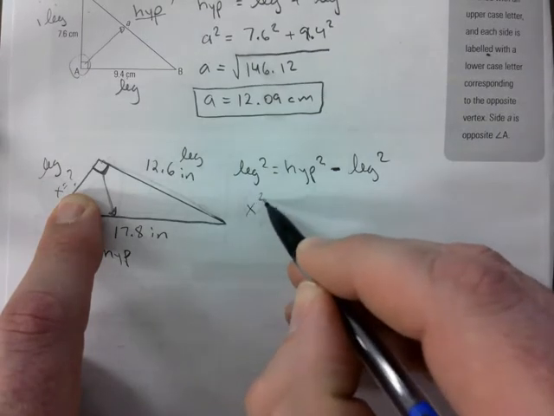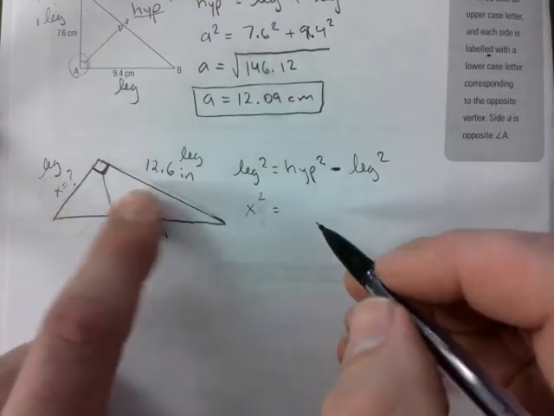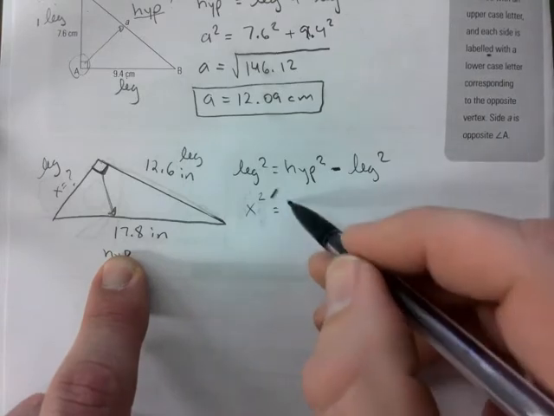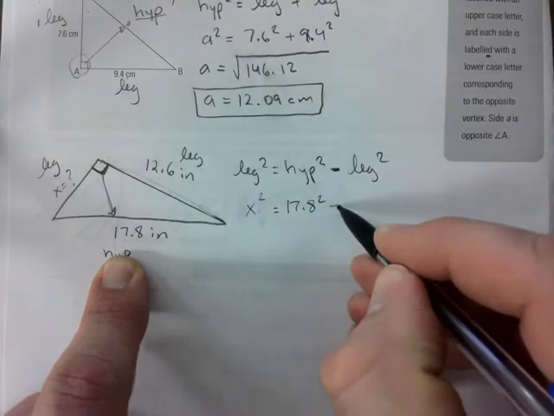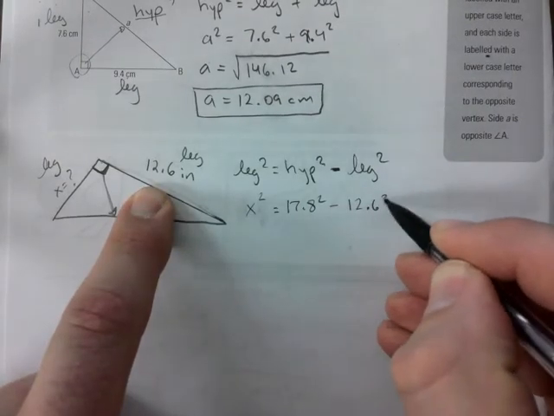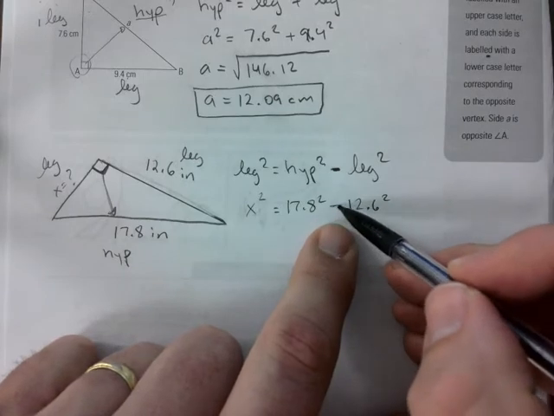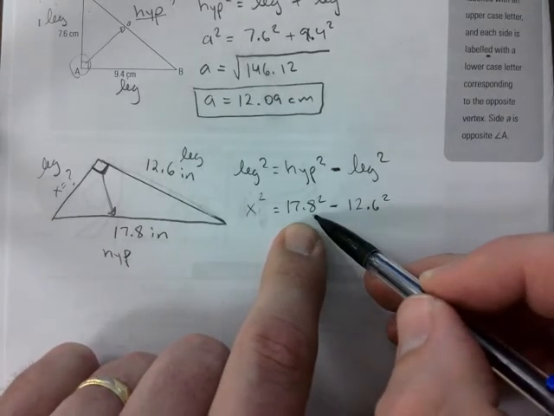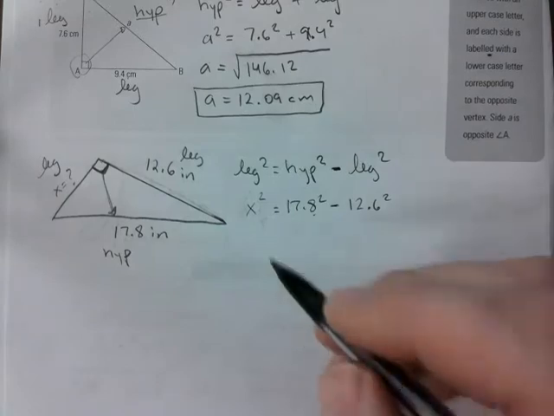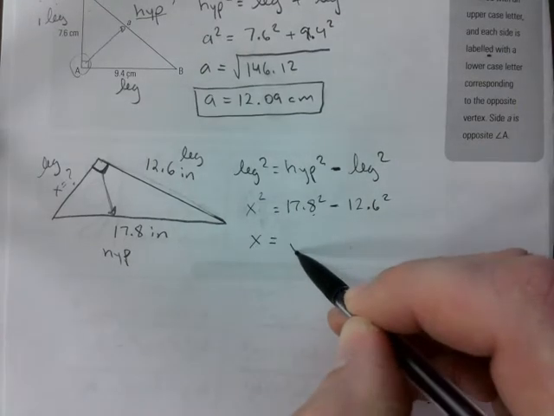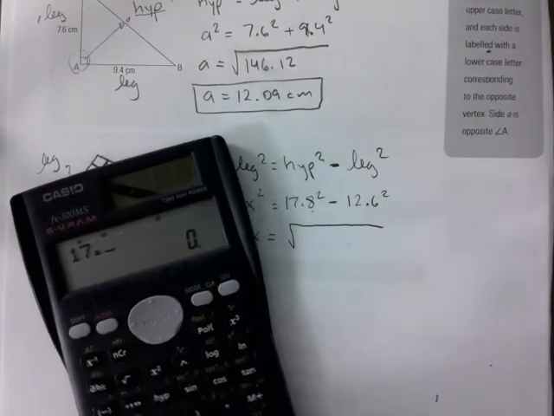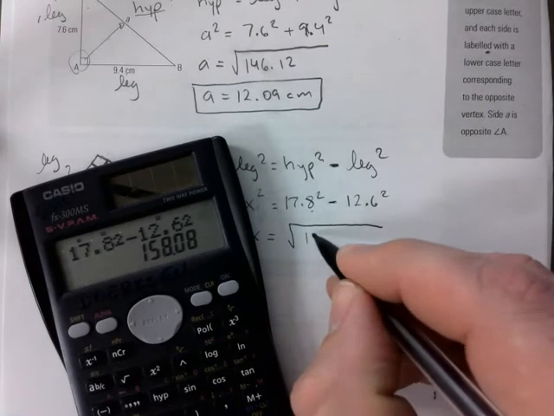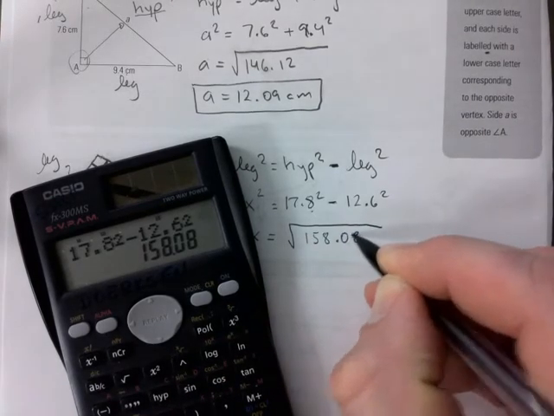So we're going to say x squared, this side squared, is going to be hypotenuse squared minus 12.6 squared. That's the biggest difference between them, right? That you have to subtract. It has to be the hypotenuse minus, otherwise you'll get a negative. You cannot take the square root of a negative, right? So I type that in, 17.8 squared minus 12.6 squared, 158.08.